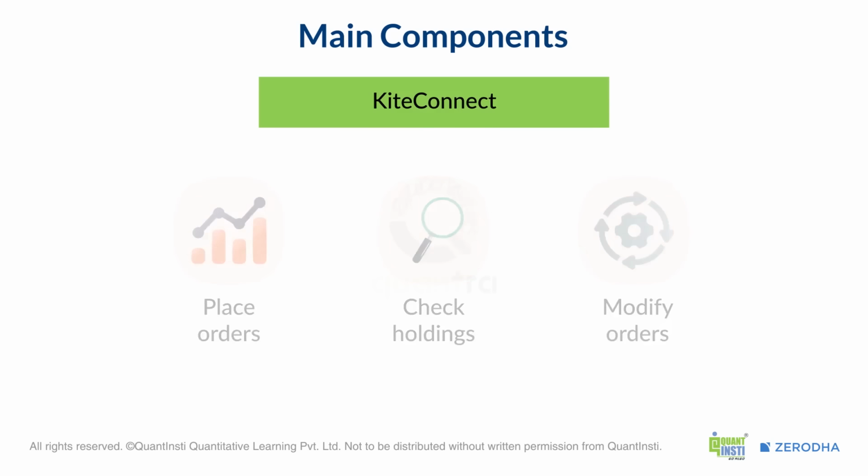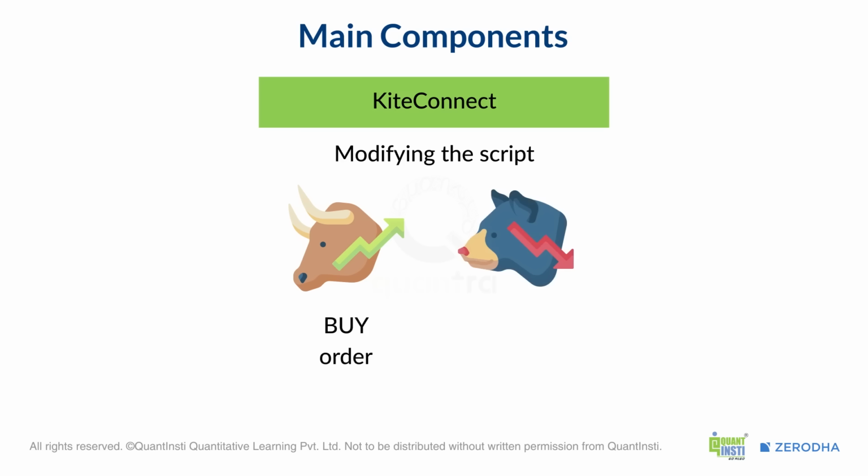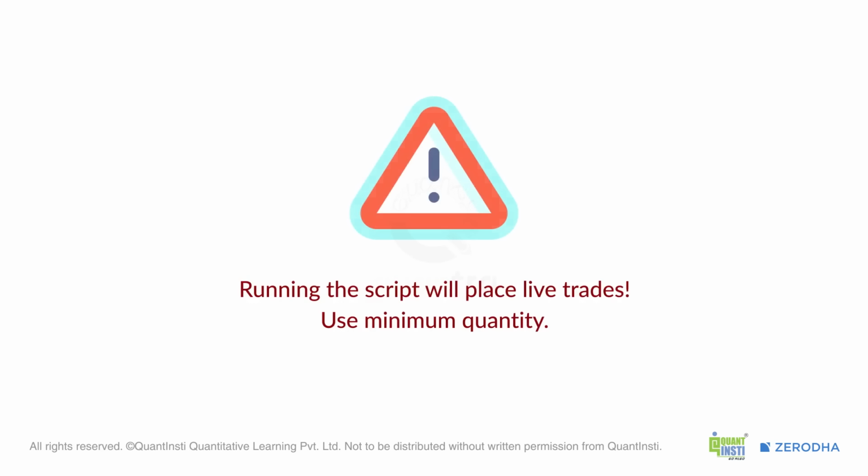Our script will be modified so that when the bullish crossover happens, we'll use the KiteConnect object to place a buy order. And when the bearish crossover happens, we'll place a sell order to close our position. From this point, running the script will place real trades. Always use the minimum quantity of orders before live deployment.